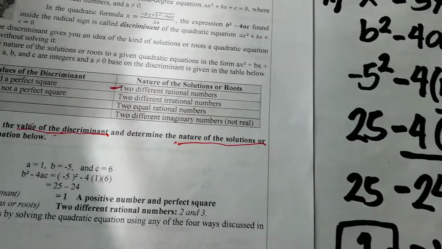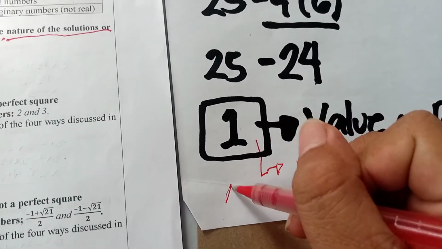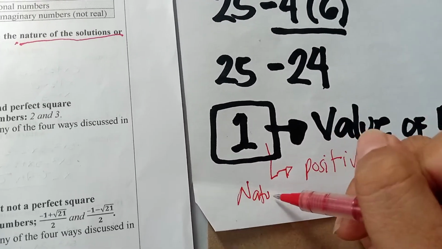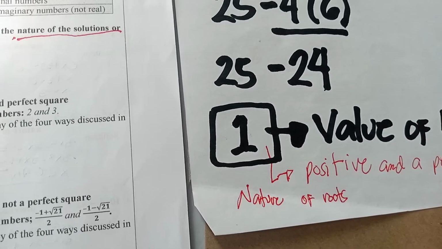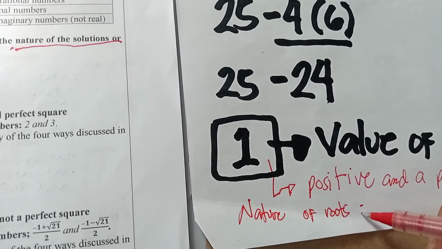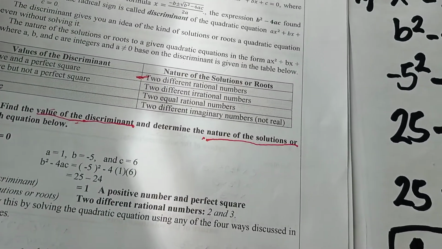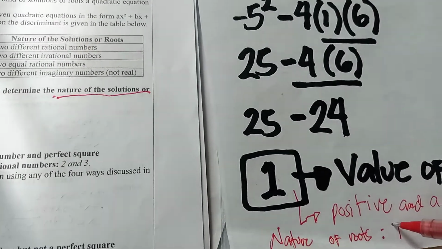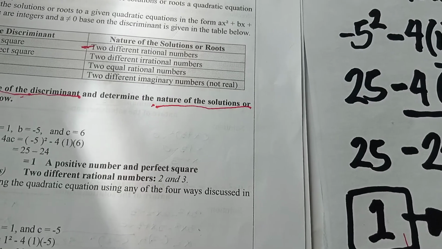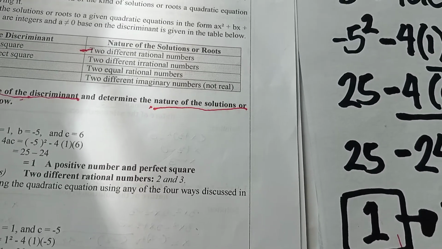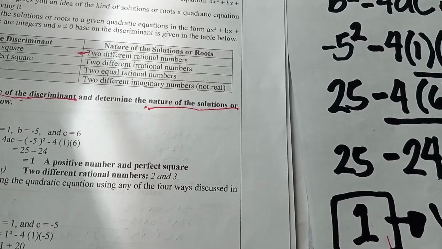Okay? So ato ang nature of roots is two different rational numbers.